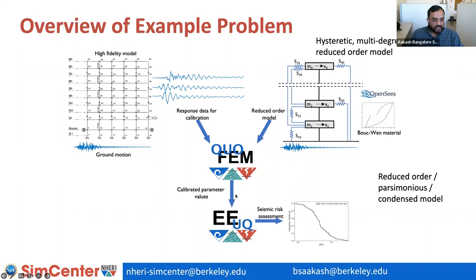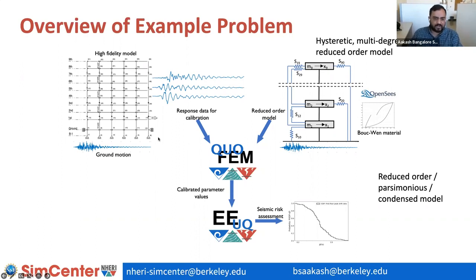And the calibrated reduced order models can then be leveraged in probabilistic analyses to reduce the computational burden in running the UQ analyses. So in this session, the steps needed to perform Bayesian calibration in quoFEM will be demonstrated using an example. The example walks through Bayesian calibration of a reduced order model in OpenSees for approximating the nonlinear response of a finite element model of a 9-story steel structure.